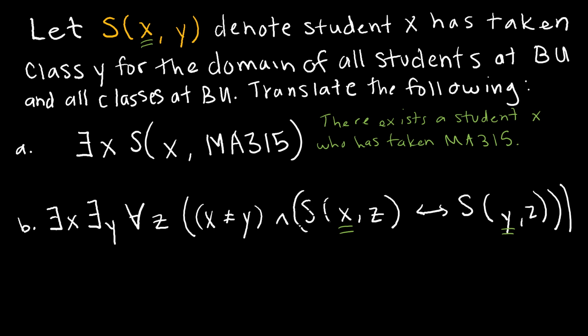And my very first sentence says that I've got a student x and a student y. So there exist two students, and before I write two students, I want to focus in on this one right here. What does x does not equal y mean? That means these are not the same person. So there exist two distinct students.